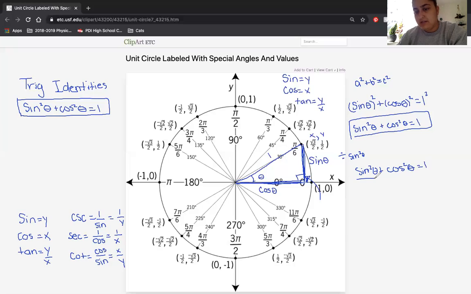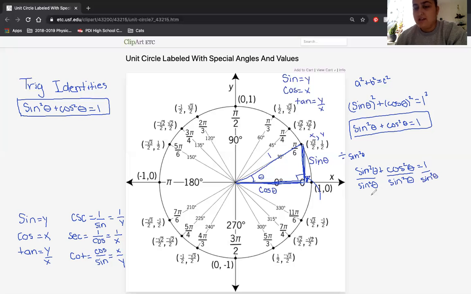And I'm going to divide each part by sine squared theta. Because if I'm going to divide the whole thing, I have to divide each one individually. I can't just divide sine squared on this side and 1 over there. I have to divide by sine squared for everything. Otherwise, it makes this statement mathematically incorrect.